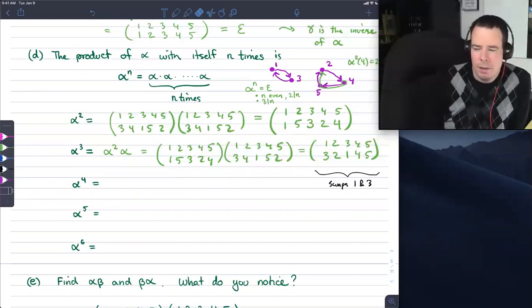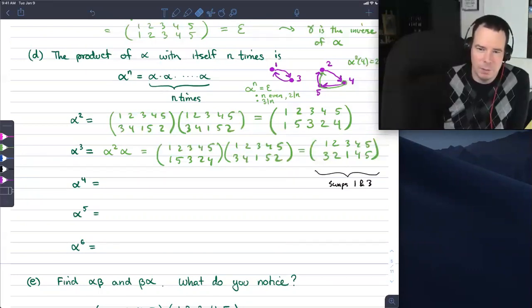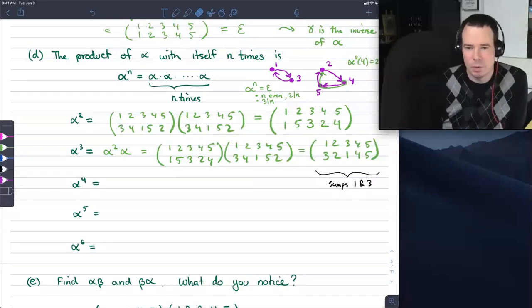But the main idea is, yes, there'll be some aspects where we're going to have to compute or calculate things, but I want you to think more big picture. Our goal is to come up with observations, to come up with some ideas about how permutations are behaving under multiplication, so that we can be smart and only compute things when we have to, and not when we can appeal to some sort of general result that holds.